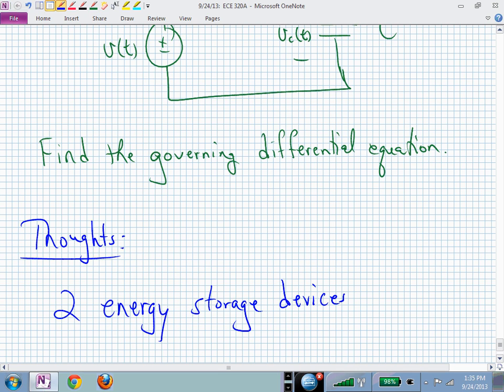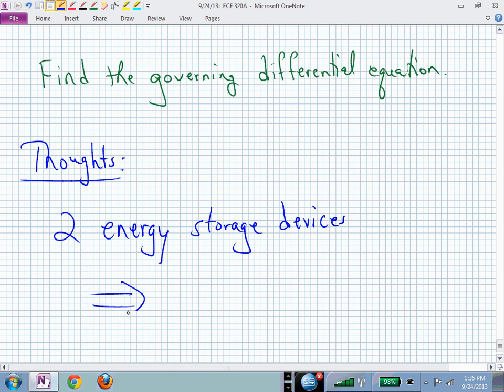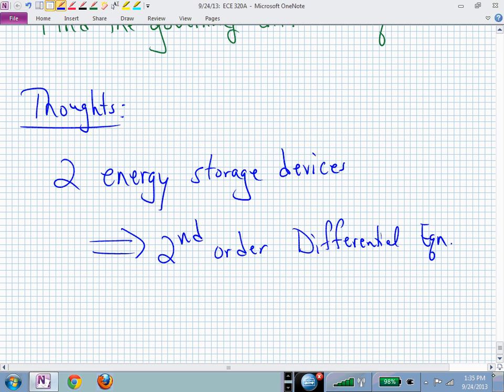You can say, how many energy storage devices do I have? What's the order of this circuit? What should I expect? In this case, we have two energy storage devices, which says that our governing differential equation, generically, is going to be second order. We're going to have a second order differential equation. And what does that look like generically?